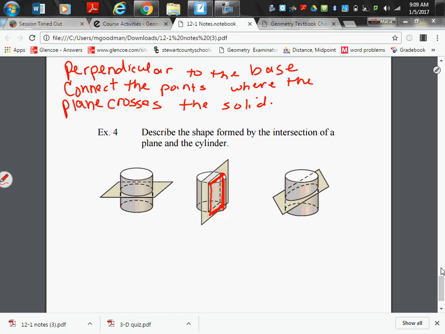And that gives you the shape of a perpendicular cross section. Connect the points where the plane crosses the solid.